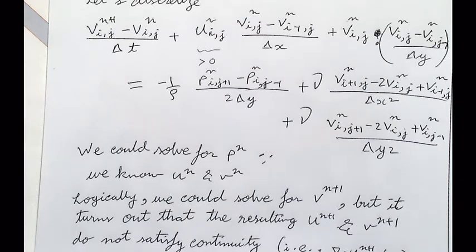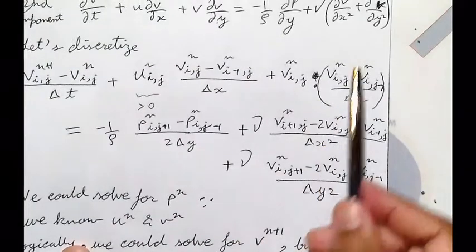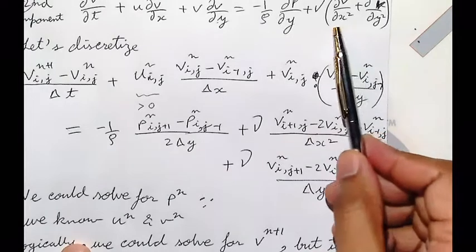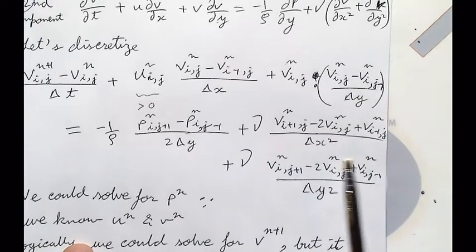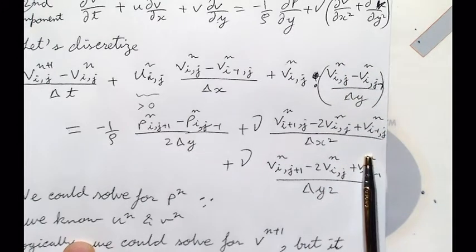If you think about what we are solving here, the momentum equation, we discretize the continuous derivatives with these finite difference approximations, and you're introducing discretization errors.